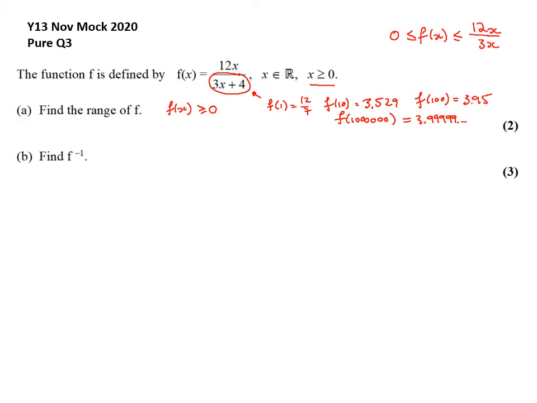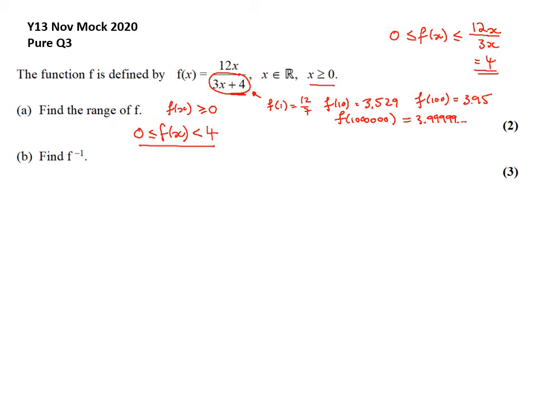So if I'm dividing by a greater number, then f of x must be smaller than that, which is 4. So I can see that 4 is an upper bound, and the larger x gets, the more inconsequential that plus 4 gets. If I've got 12 million divided by 3 million and 4, okay, it's slightly less than 4. So actually our range of f is that it is greater than or equal to 0 and it is less than 4.